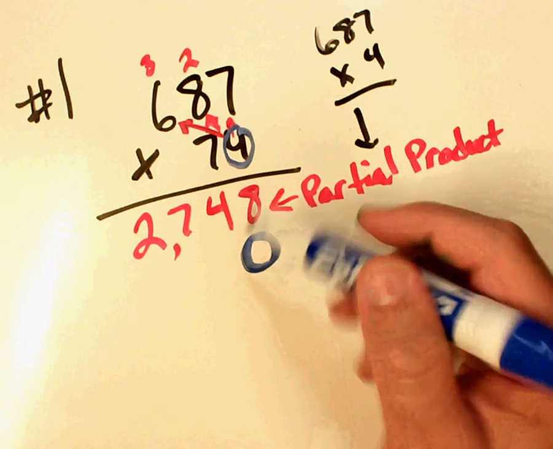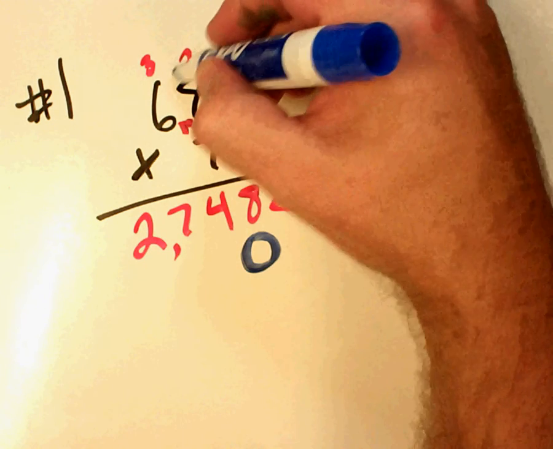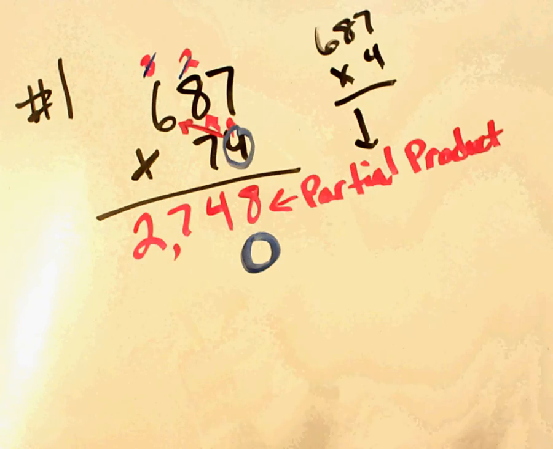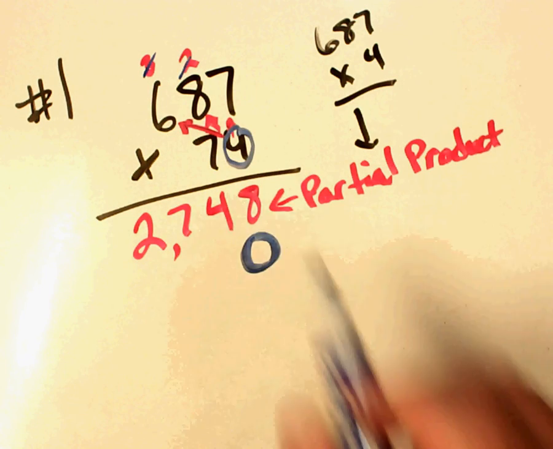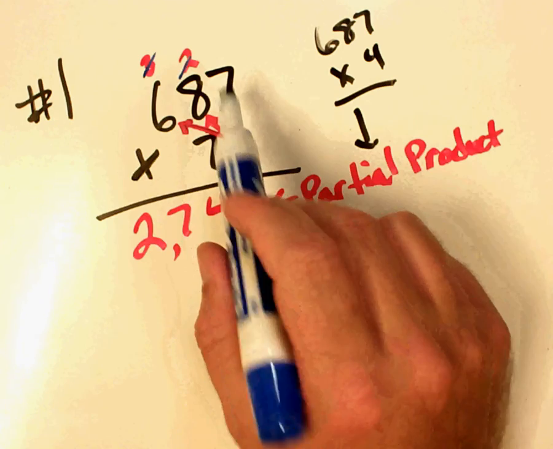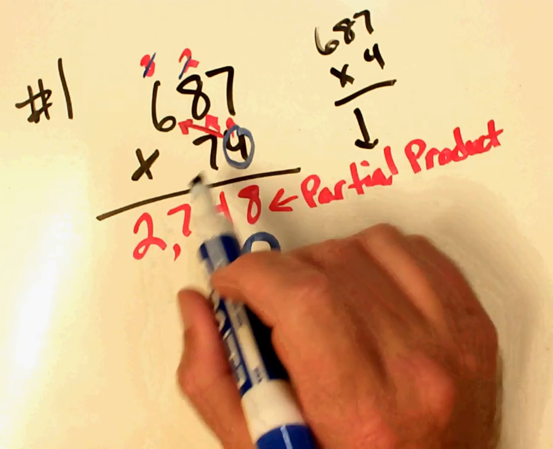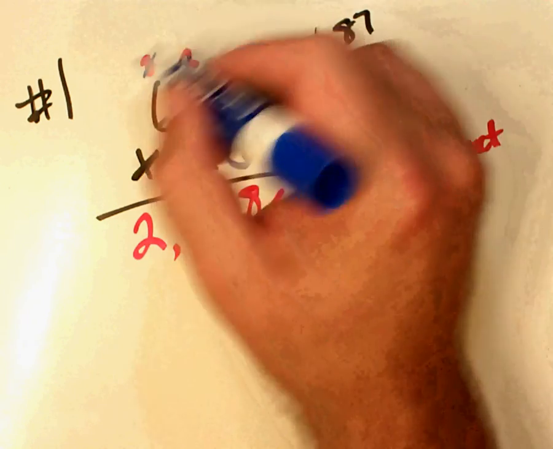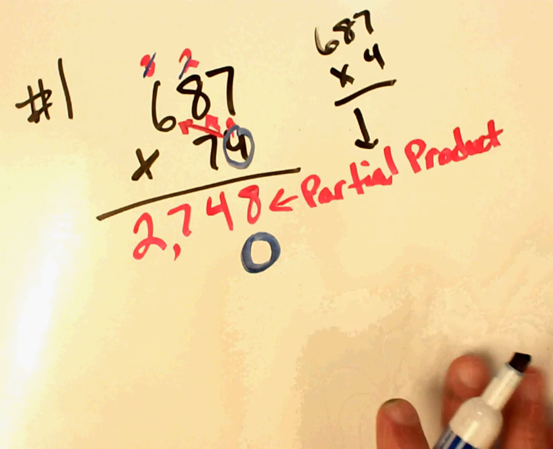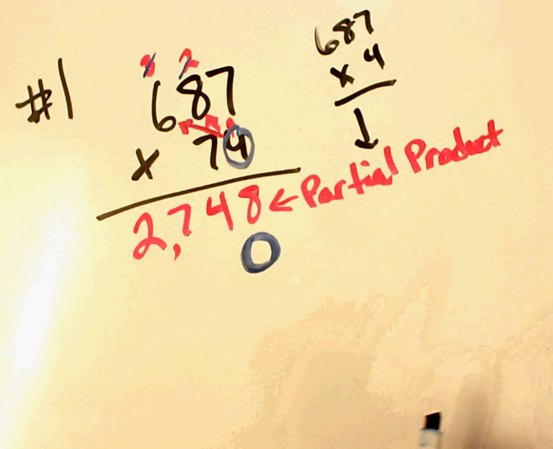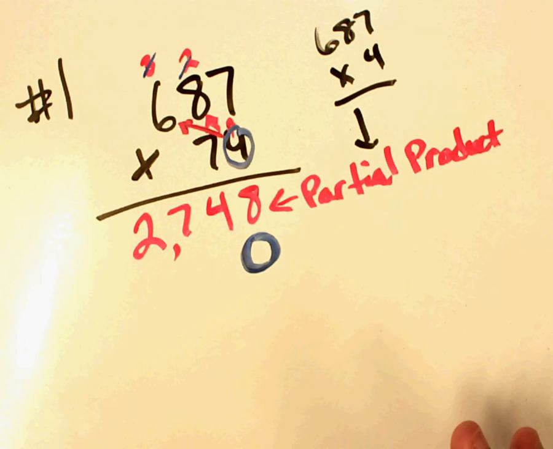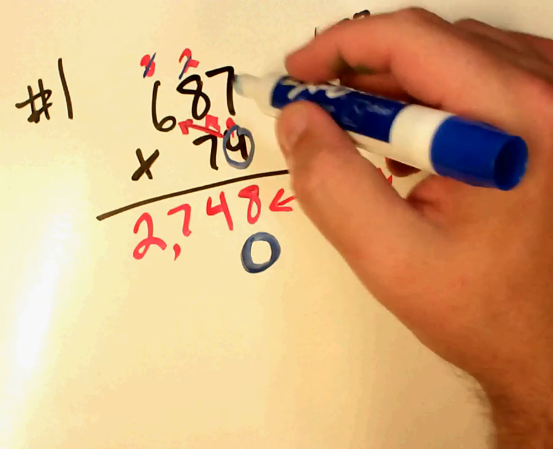If it helps you to mark out your remainders from your first partial product, go ahead and do that. Just do one line through them. Don't erase them. Leave them because, especially if you make an error, you want to be able to see your process. So just draw a line through them.